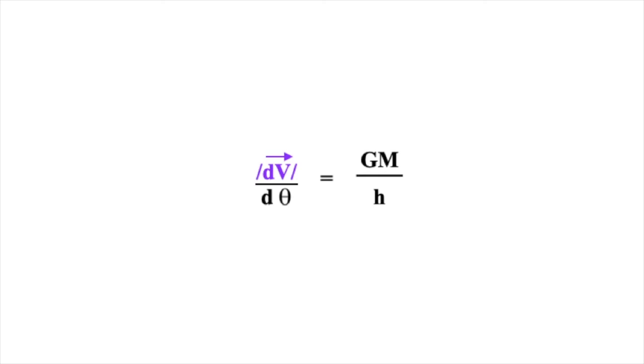Therefore, the change in velocity per change in angle of azimuth is a constant, no matter where you are in the orbital path.